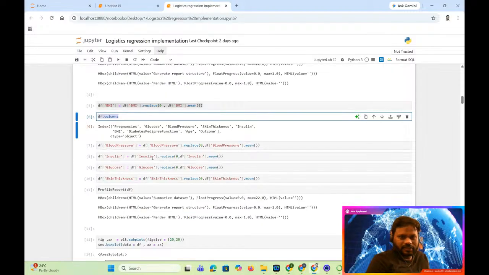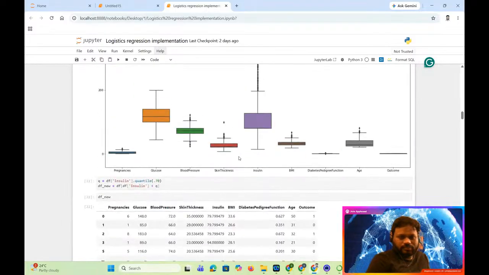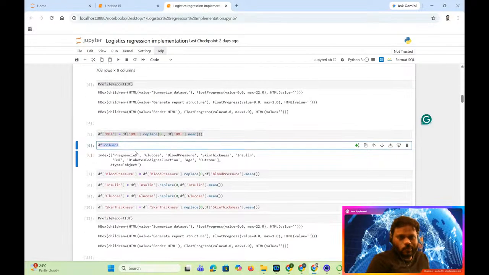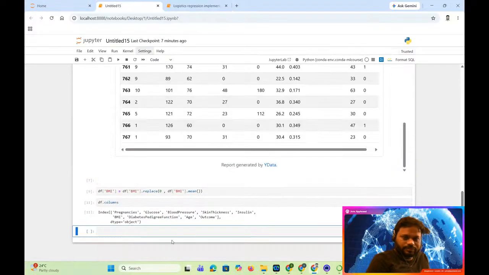Okay, this is the thing. Now I'm going to the box plot.